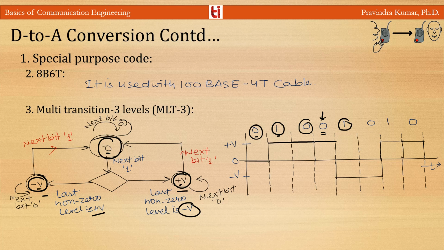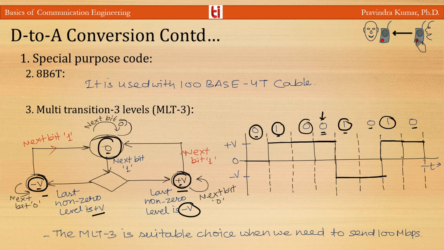The last non-zero level is positive, so this level will be negative. For 0 there is no inversion, and for the next bit 1, this level is opposite to the previous non-zero level, so it is positive V. For 0 there is no inversion. So this is the multi-transition 3 levels coding scheme, and MLT-3 is a suitable choice when we need to send 100 Mbps data.